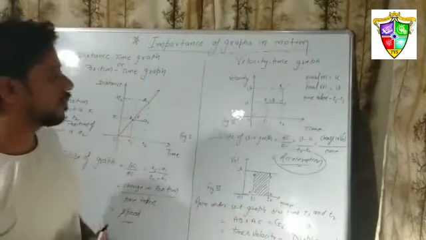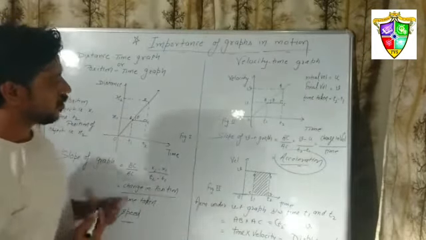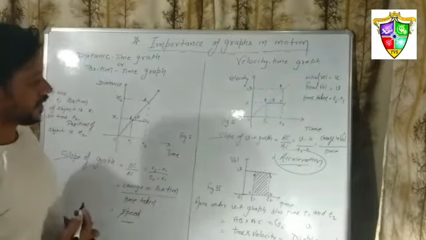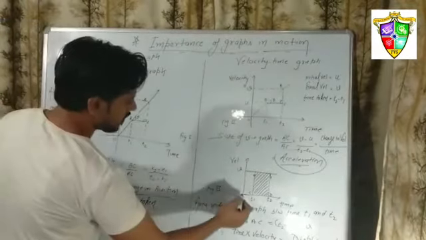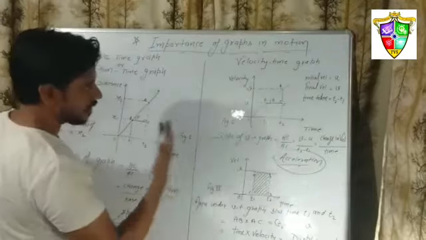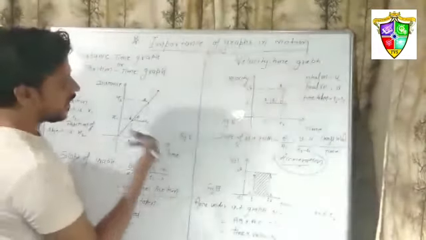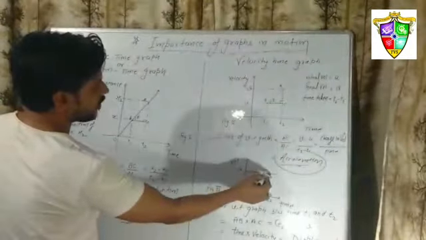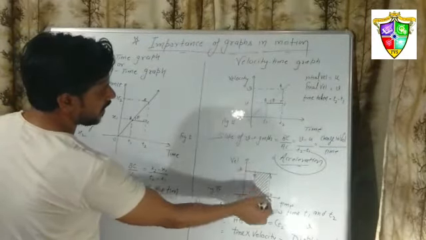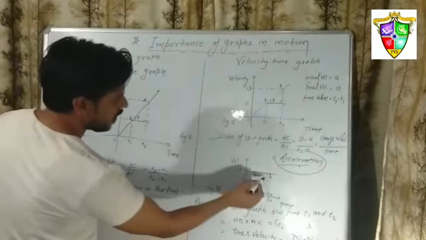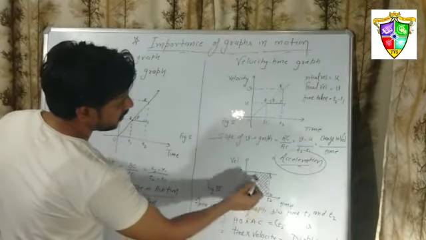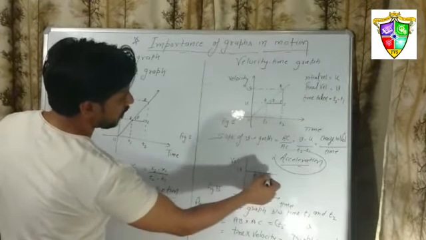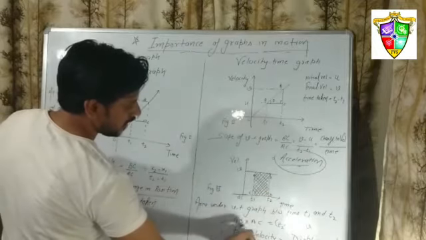It's an important topic. And also in velocity time graph, let's take the area under the velocity time graph. If an object is moving with constant velocity, and we take 2 points A and B at times t1 and t2, and we calculate the area of this shaded part, it will be AB into AC.